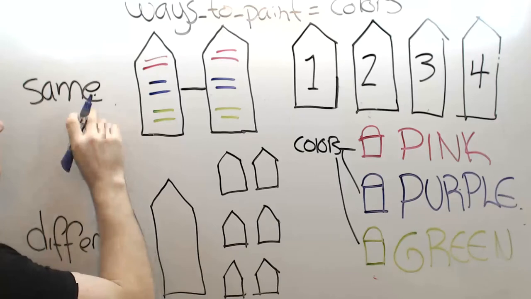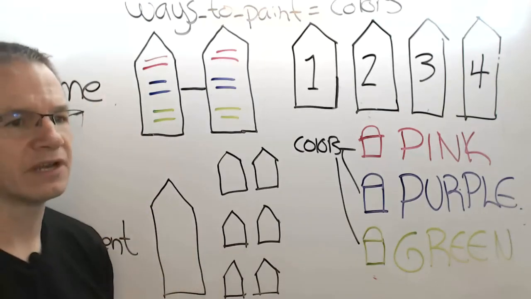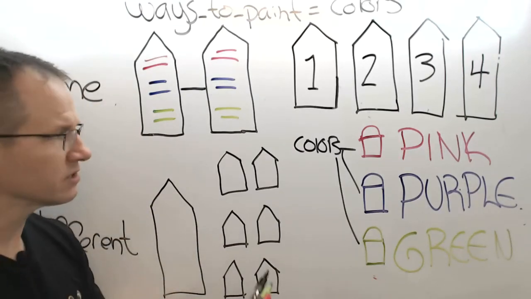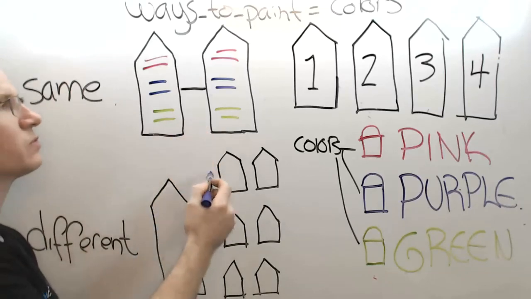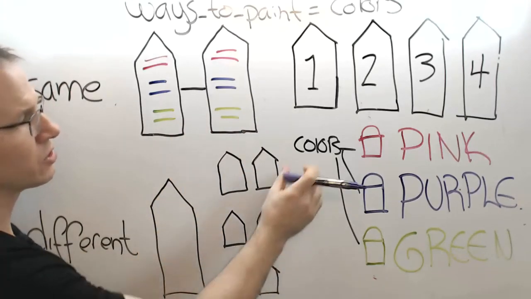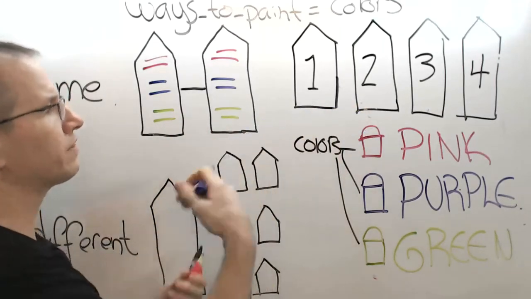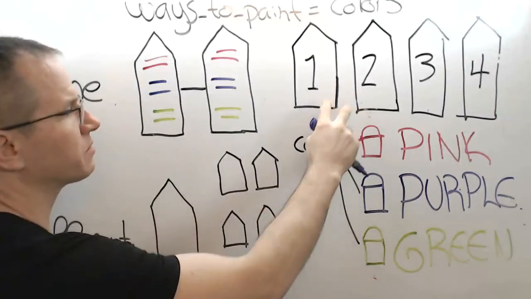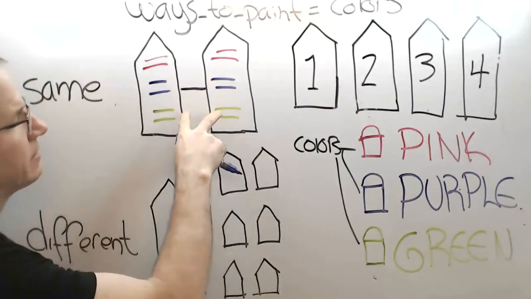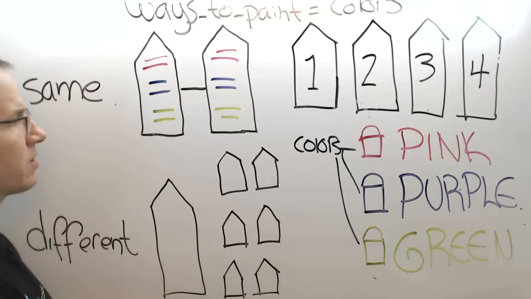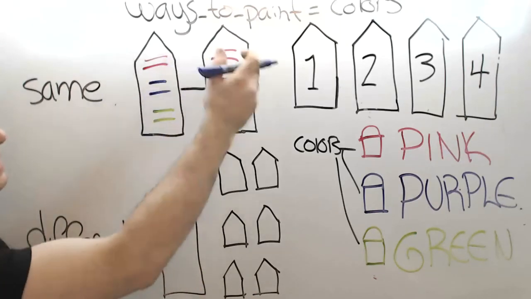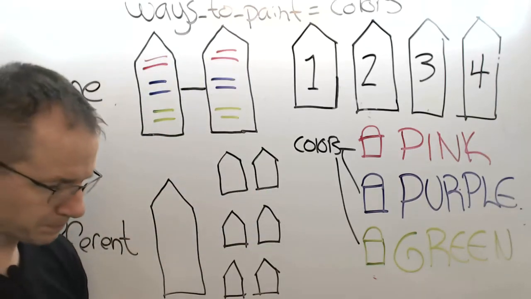So the number of permutations that I would have for that would be the number of colors. So one thing we could consider is that these could be painted the same color, and for that part of the equation, same would be equal to the number of colors.